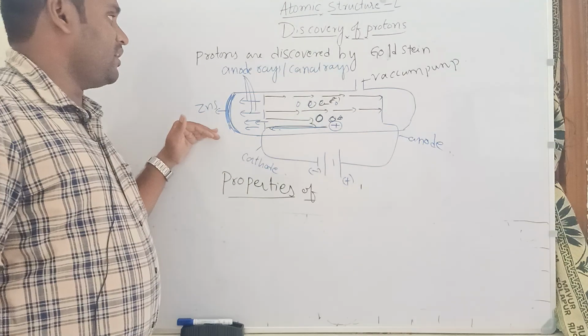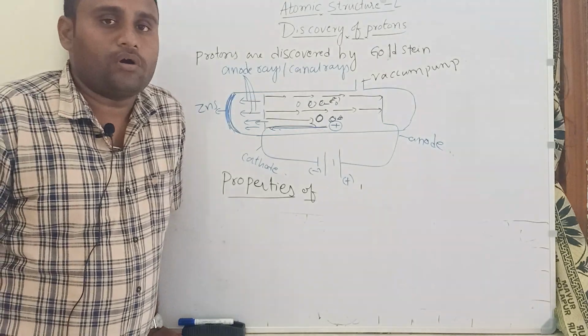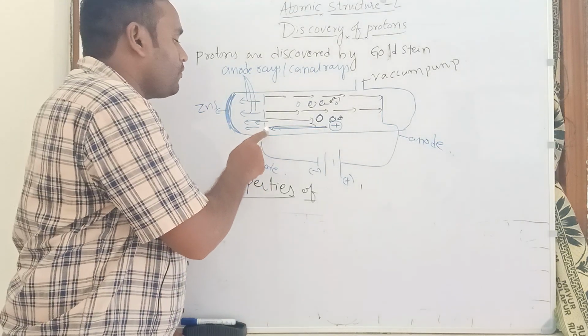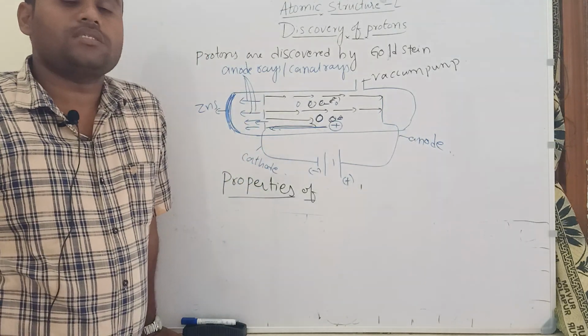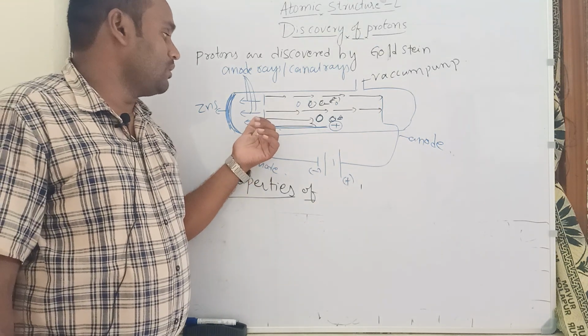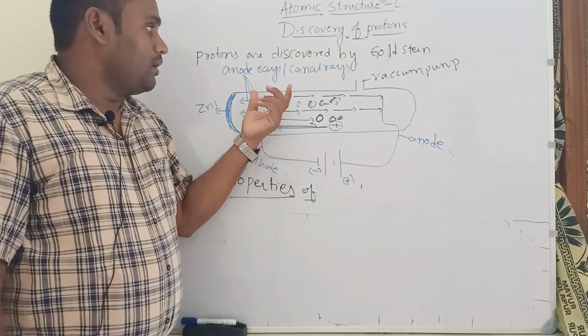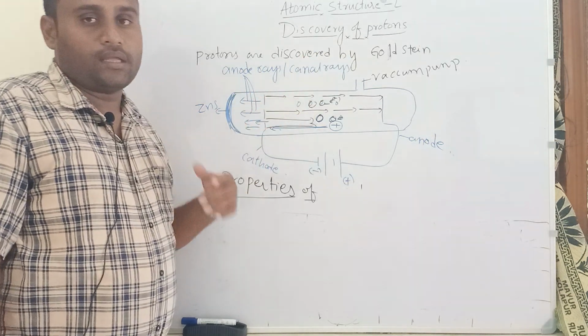But in this experiment, he used some modification in this discharge tube. What is that modification? He took a perforated cathode, whereas in the discovery of electrons, Thomson took a direct cathode. There are no holes in that cathode, but here Goldstein took a perforated cathode.